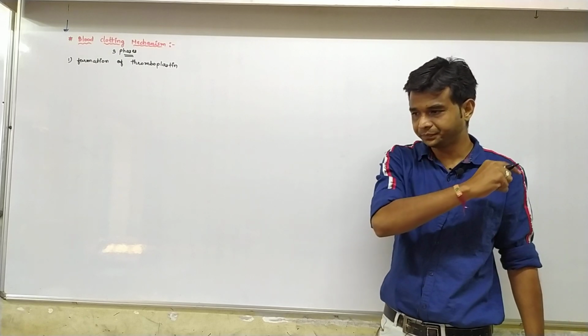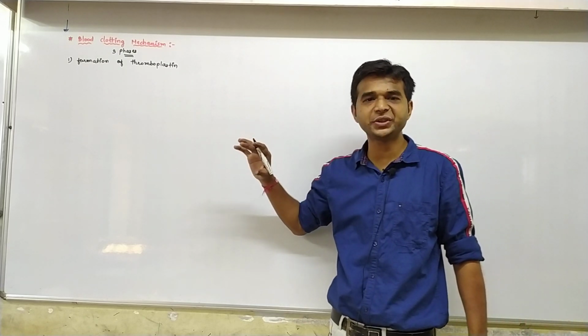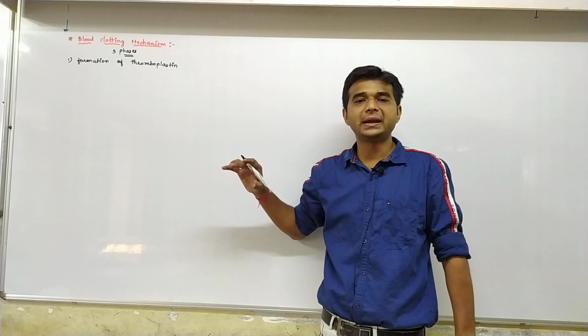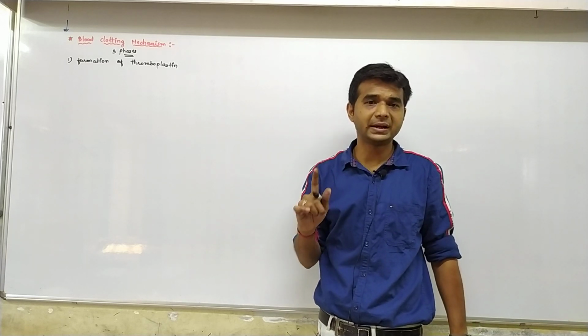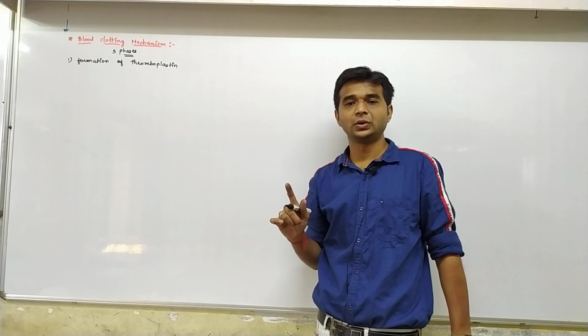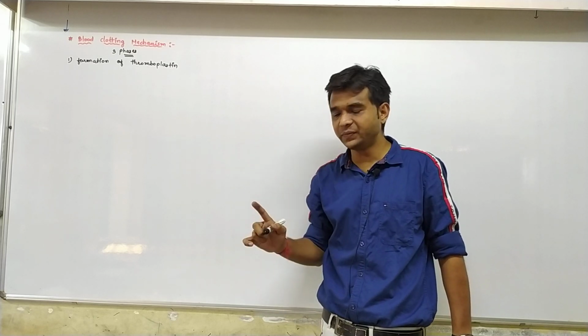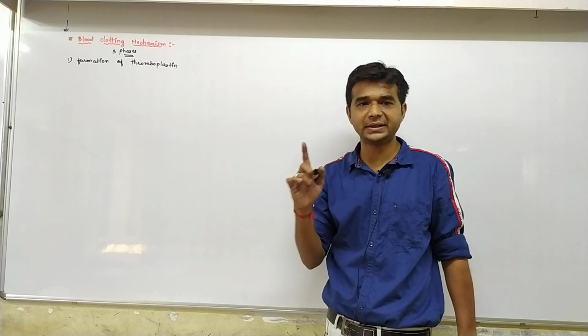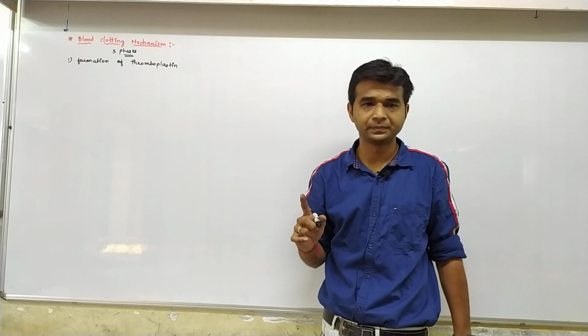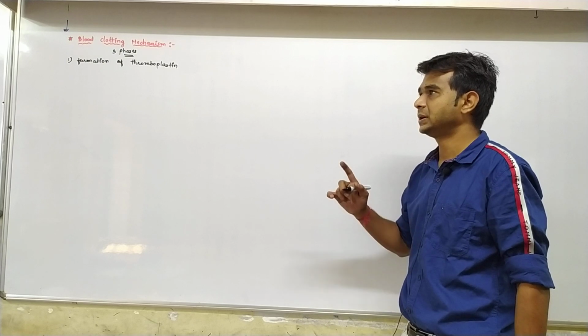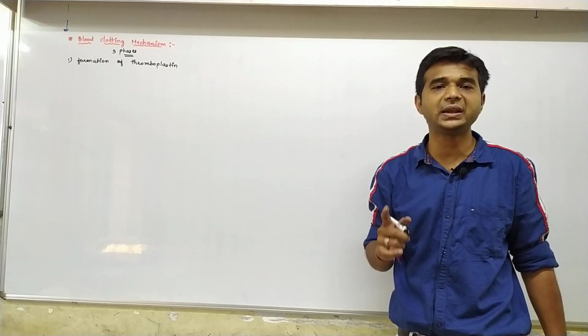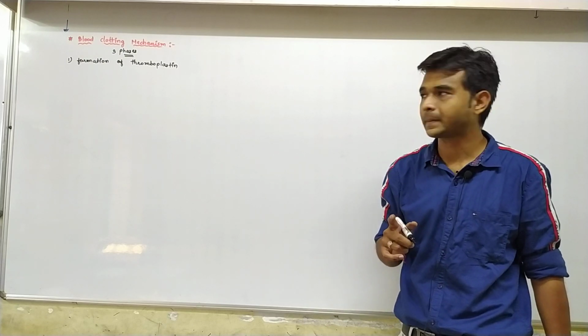There is a particular sequence, and for that 17 factors are required. Today I will tell you the names of all these 17 factors. And today I will explain the difference between hemophilia and hemorrhage.